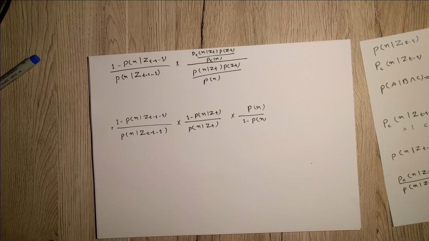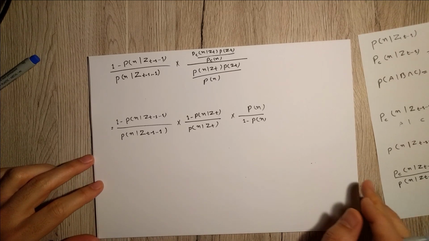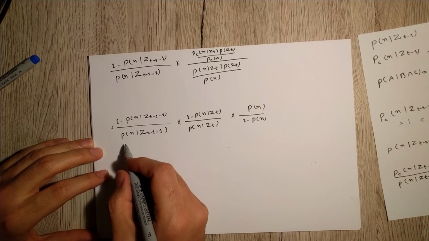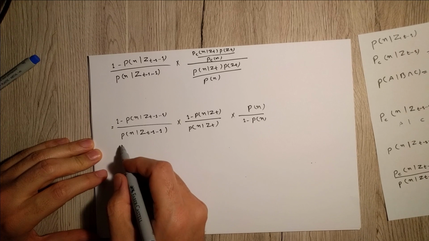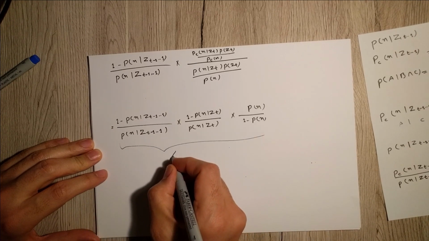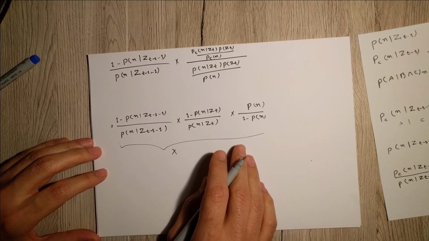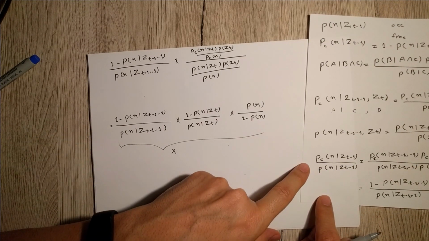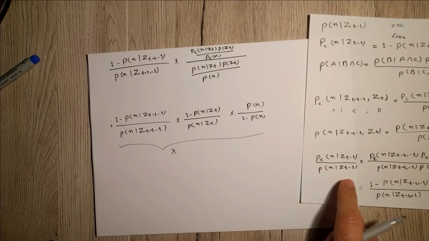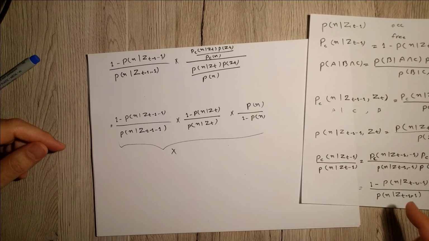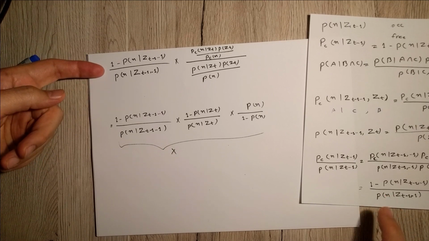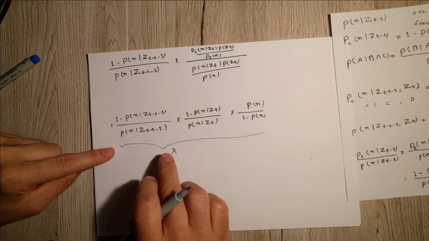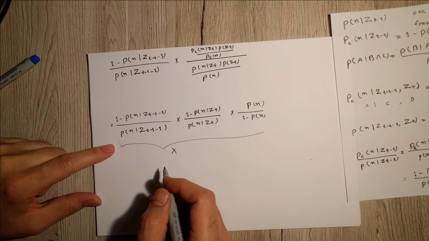Okay, so if I call this term, I don't know, let's call this guy x. We started with this guy, if you remember. We started from this guy, and then we used the Bayes rule, and then this guy, and this term is equal to, we will call it x.